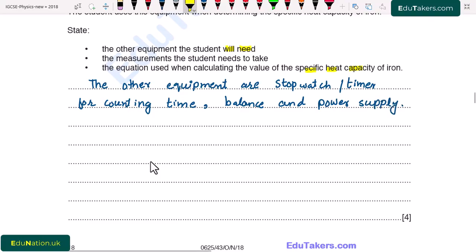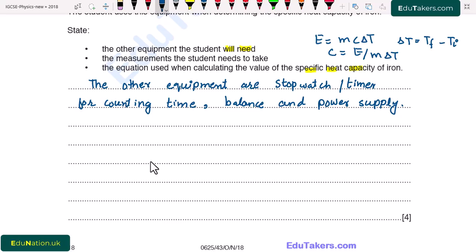Part 2. The measurements the student need to take. So we know that energy supplied will be equal to mc delta T, and C will be equal to E over m delta T. So we can measure energy by power and time, but we also have to know about mass and change in temperature, where delta T will be equal to final temperature minus initial temperature.